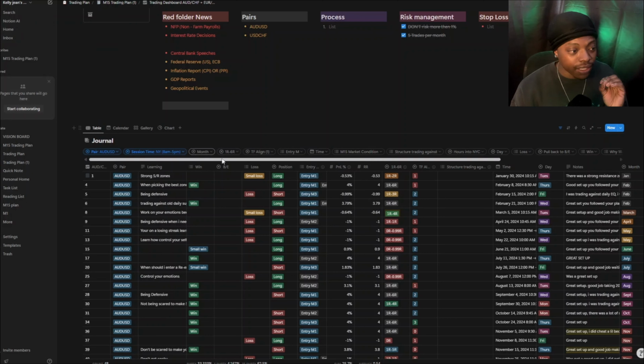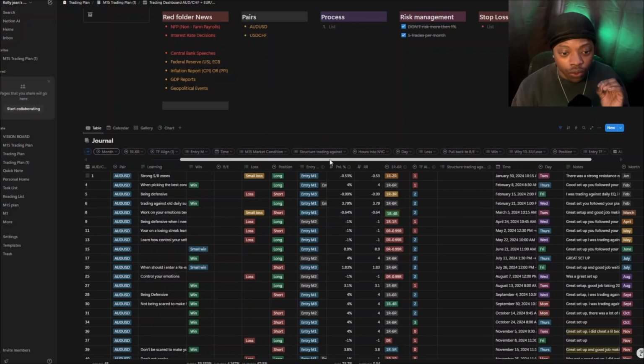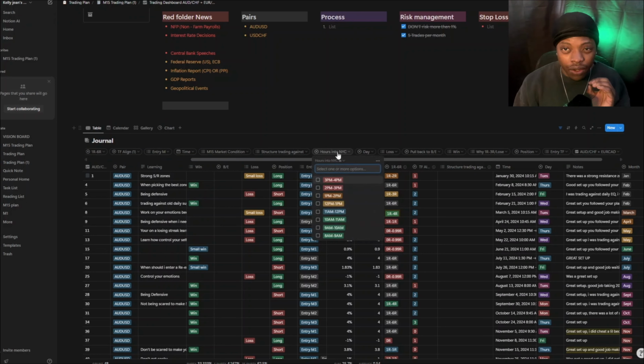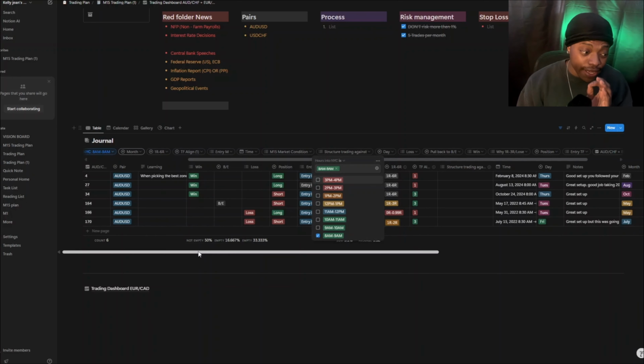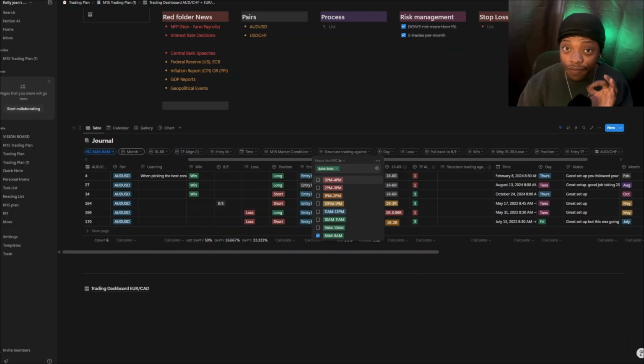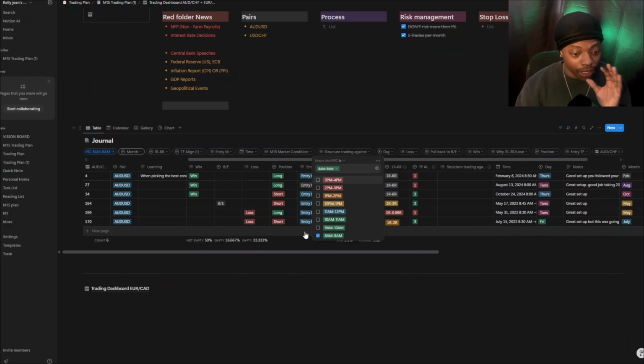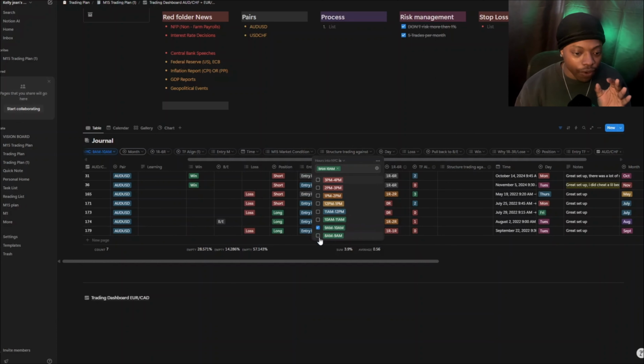Now let's say I go to hours and New York session. Let's see, what is my likelihood of winning in New York session? Trading in New York session from 8 a.m. to 9 gives me a 50% win rate. Trading from 9 to 10 gives me a 28% win rate.